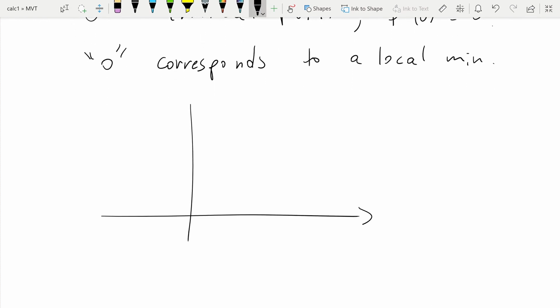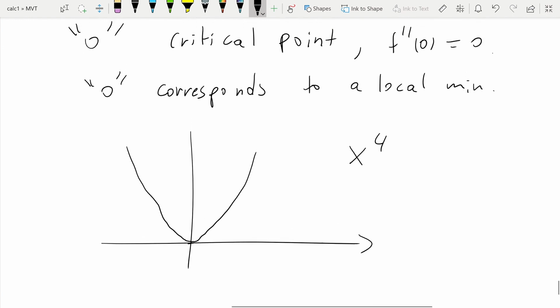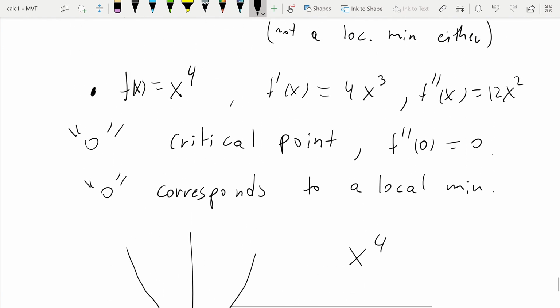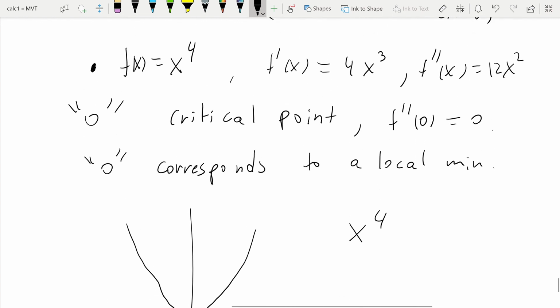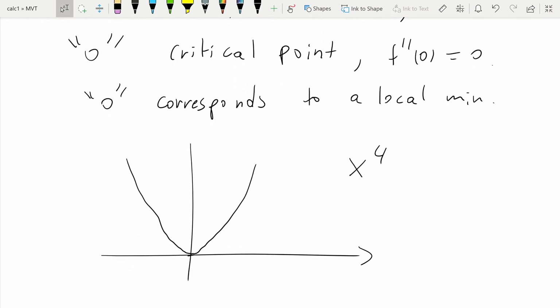If you look at the function x to the 4th, it looks sort of like a steep parabola. For positive values, of course, the function x to the 4th is positive, but also for negative values, because this is x squared squared.